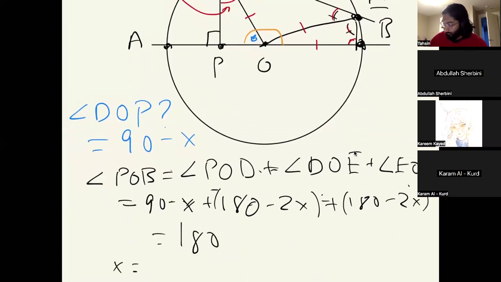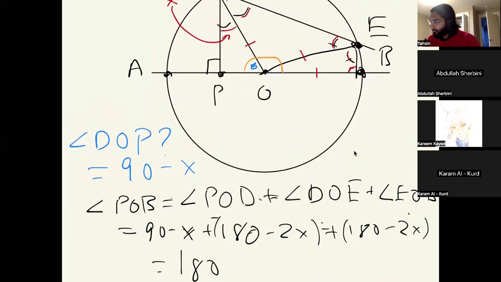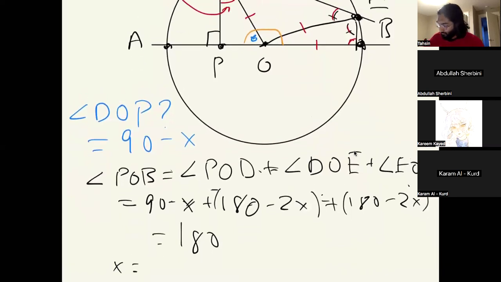So that gives us x equals... is that right? Maybe that's right. G4. Okay, then we can finish the problem from there. Does it make sense?